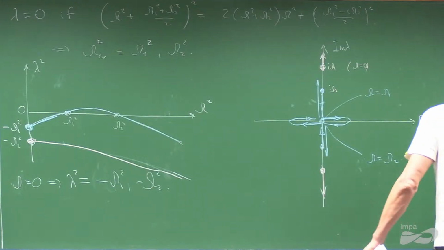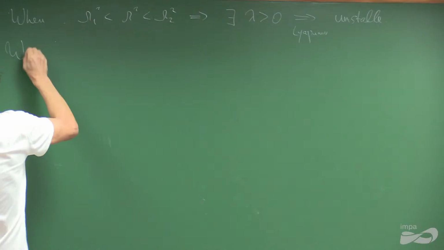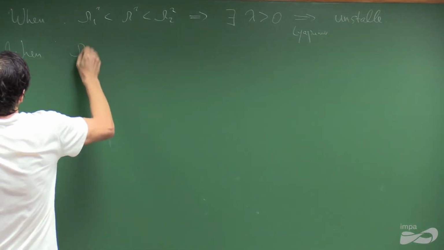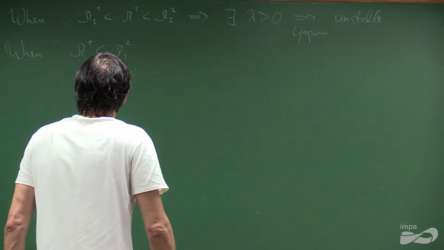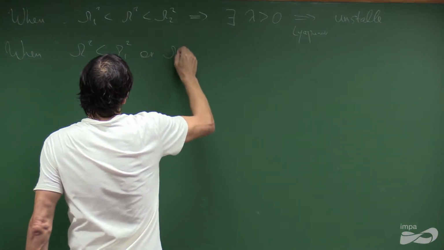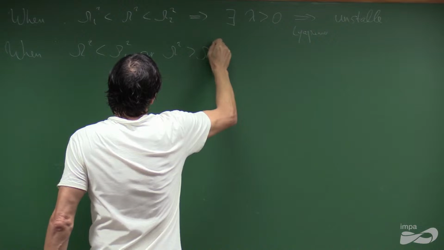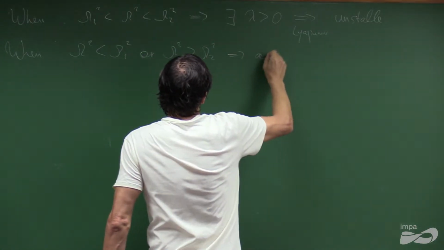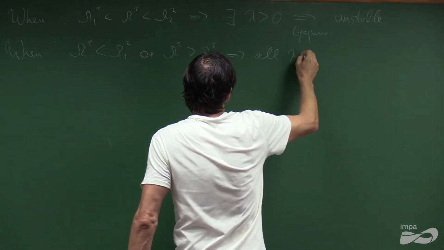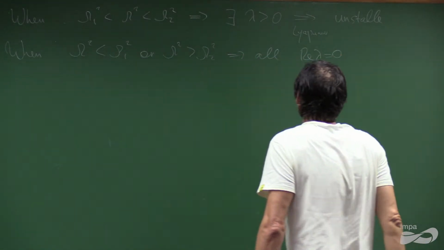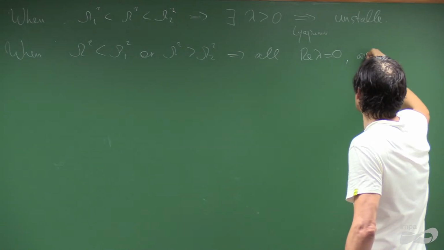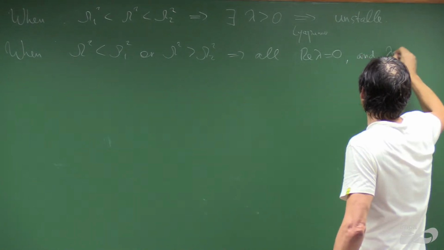So when omega squared is smaller than the first eigenfrequency or bigger than all eigenvalues, the real parts of the eigenvalues are 0, and lambdas are simple.